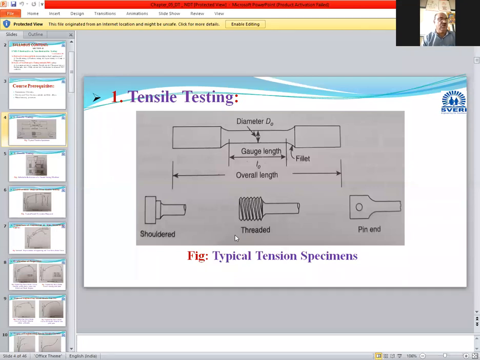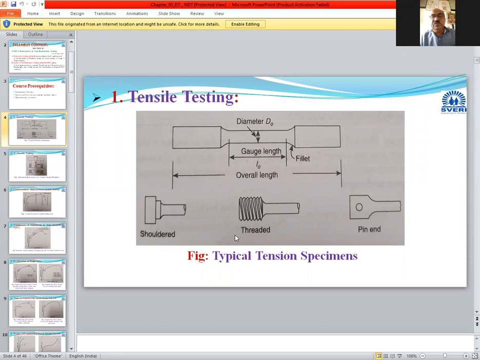Force means the applied load, and A means the cross-section area of the gauge length. The force applied on both jaws, F upon A, is equal to tensile stress. Okay, so this is specimen preparation.